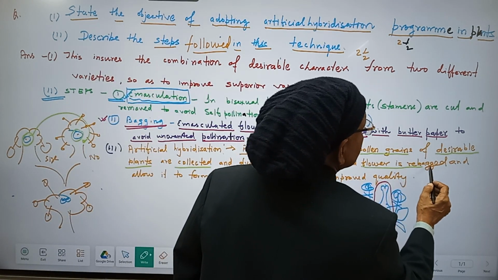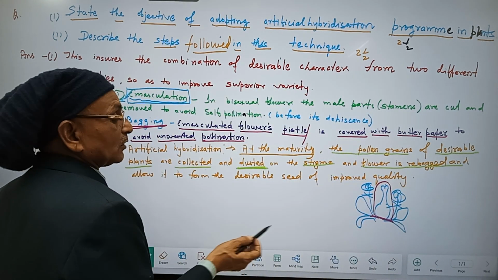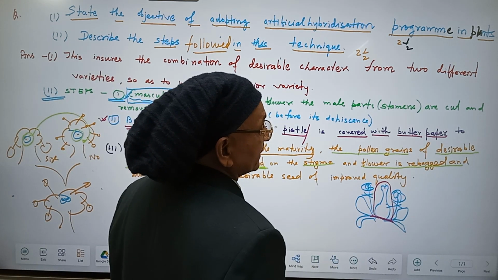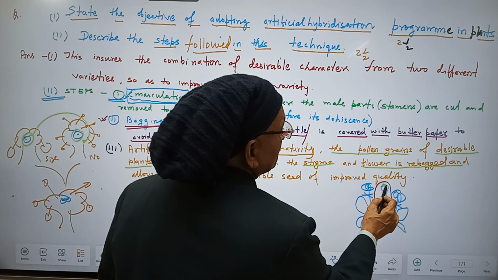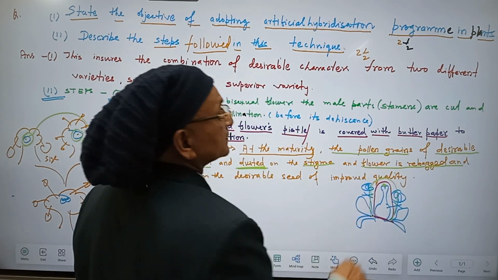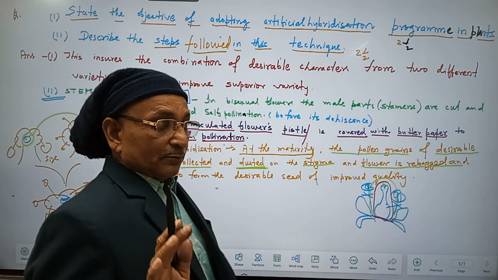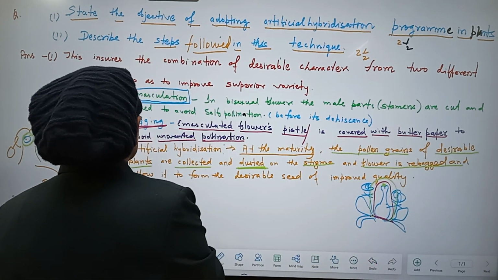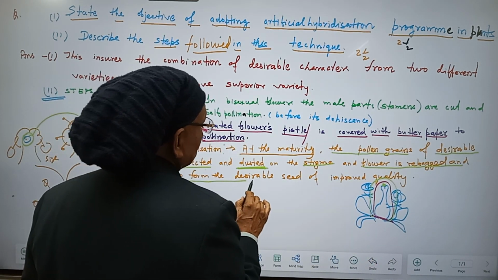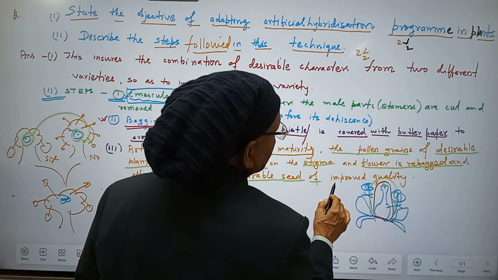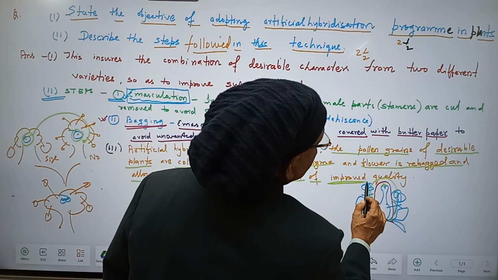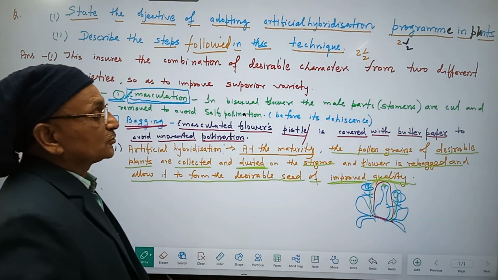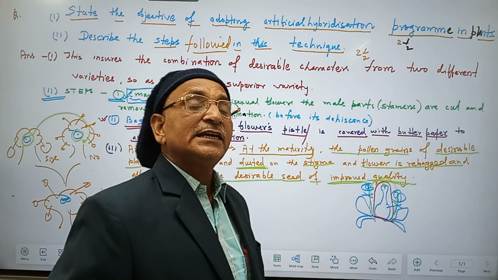After dusting, the bagging is removed for dusting, and then the flower is rebagged again to prevent contamination by other pollen grains. Then we allow it to form the desirable fruits and seeds, which give you the improved quality. In this way, you can easily get the marks.